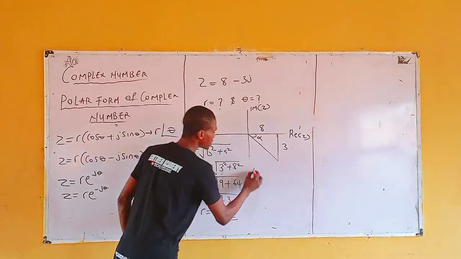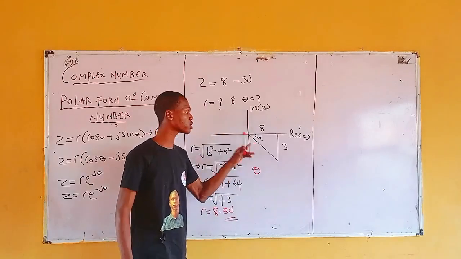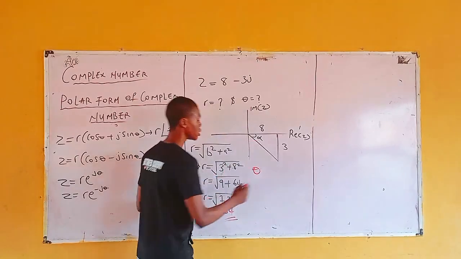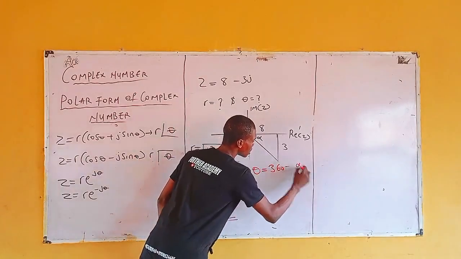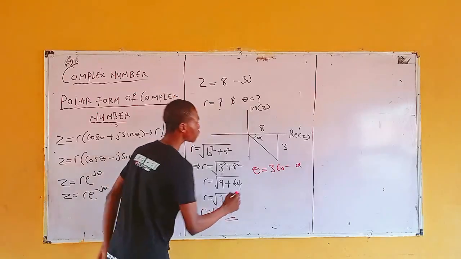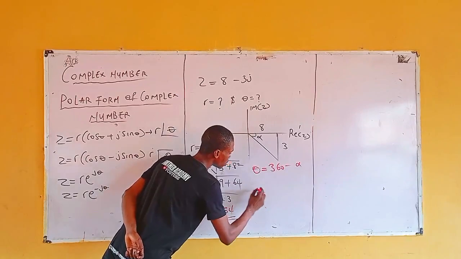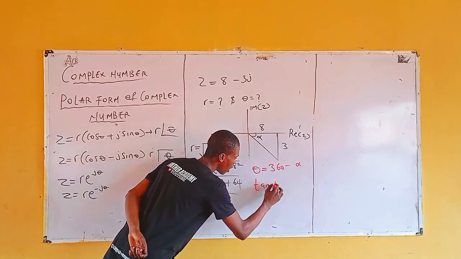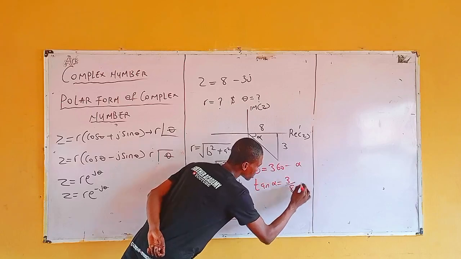Now, you want to get theta. Recall, since your angle falls in the fourth quadrant, theta is equal to 360 minus alpha. Now let's solve for alpha. Solving for alpha from this relation, tan alpha is equal to 3 over 8.